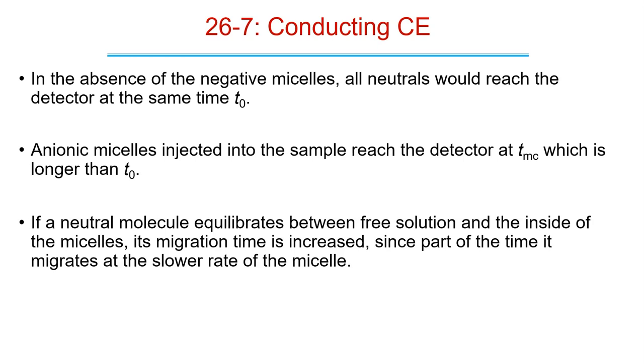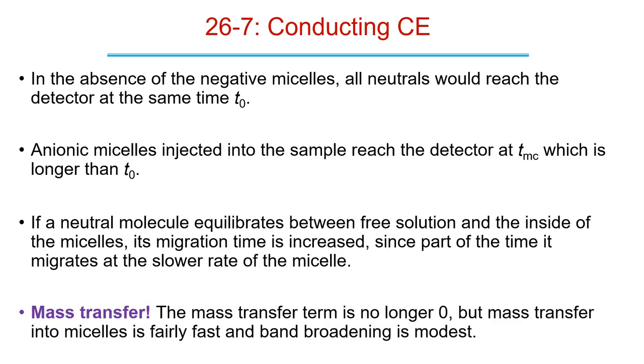So if a neutral thing is hanging out with the micelle, it too gets slowed down. It's like a relay. The slowest member of the relay determines the overall pace. So if a relay runner decides to chill and run with the third person who's super slow, 3 and 4 both become slow. That's what you want to think about here.